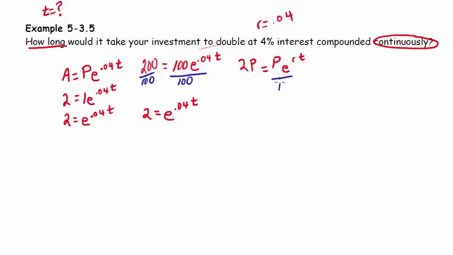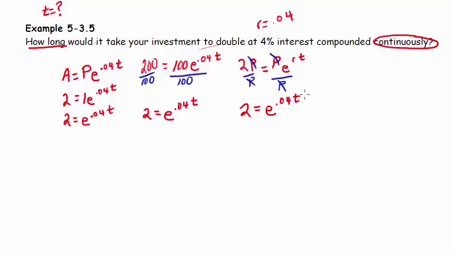So if I divide both sides by P, these P's are going to cancel, and again we end up with 2 equals e to the 0.04 t. So no matter what we start with, if it doubles, I end up with this same equation.